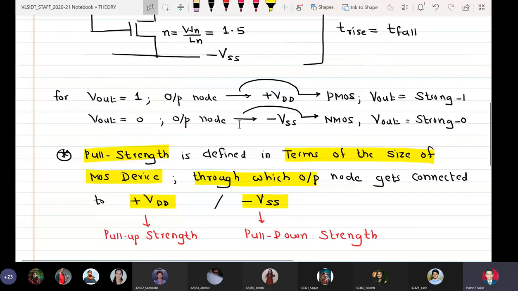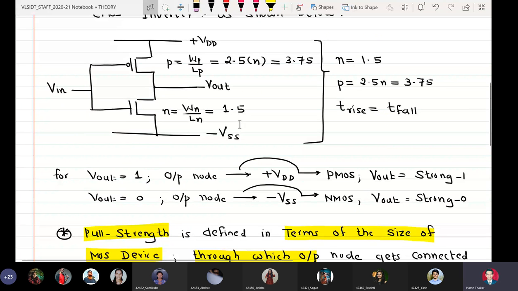We see here that in the CMOS inverter, the pull-up network consists of one PMOS device, while the pull-down network consists of one NMOS device. So in this circuit, to have equal rise and fall times, the size of the PMOS should be equal to p, that is 3.75, and the size of NMOS should be small n, that is 1.5.